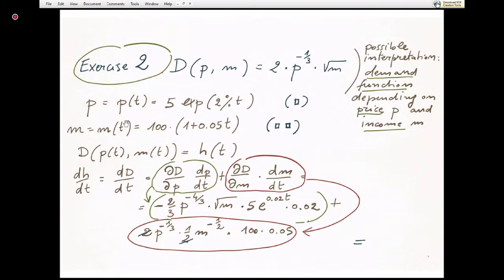Suppose that the price itself increases exponentially at 2% rate per unit time. So it starts from the level 5 at time 0, and then it is times e to the power 0.02t. This is an exponential model, and the number that you find here, 0.02, is the instantaneous time growth rate of the price.